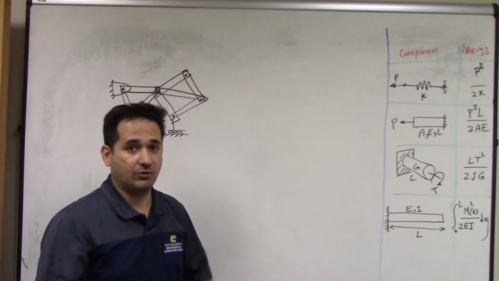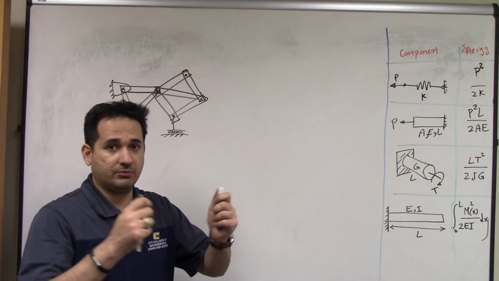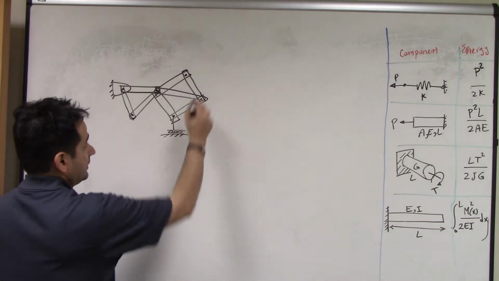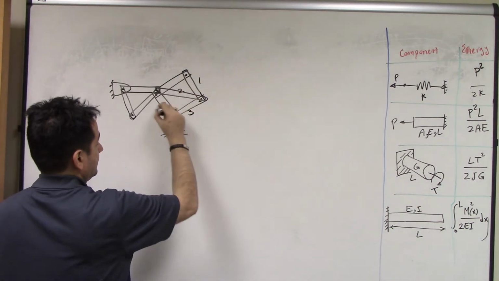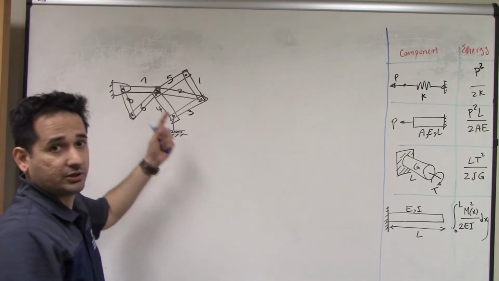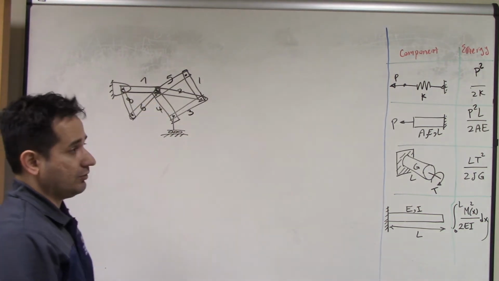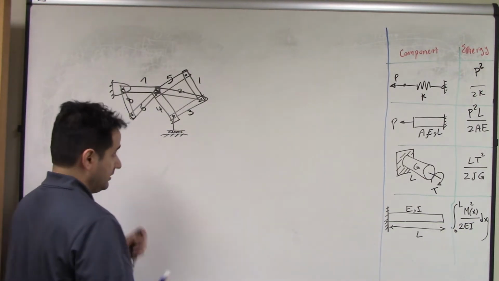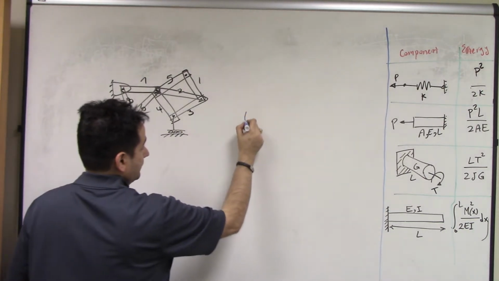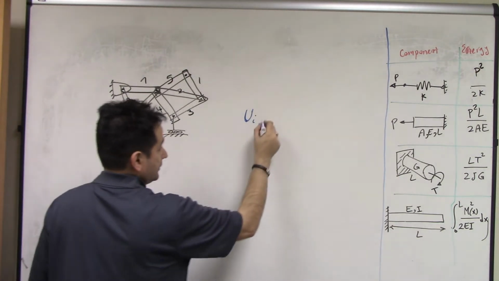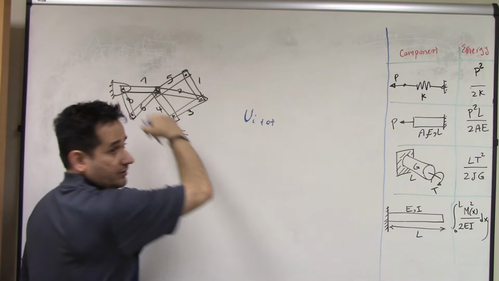So it can go only under axial compression or tension first. In this case, we have 1, 2, 3, 4, 5, 6, 7, 8 bars connected together. So in the energy method, we said that we have to find the internal energy of the total system.